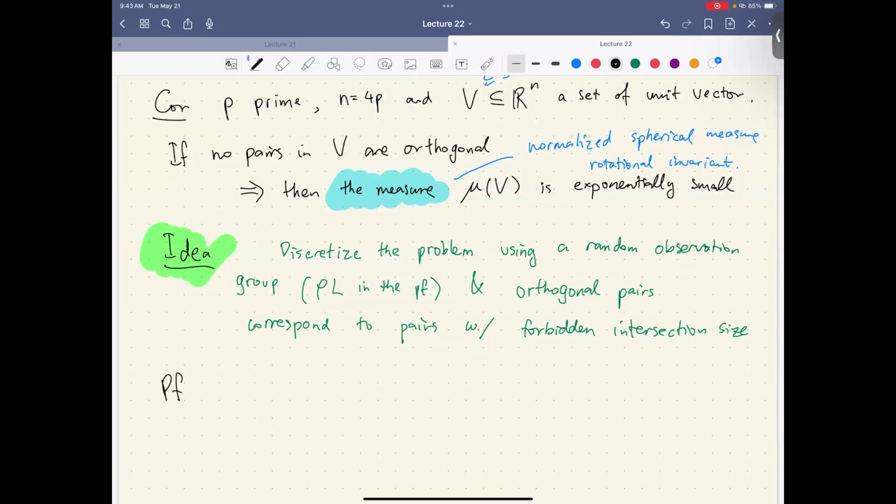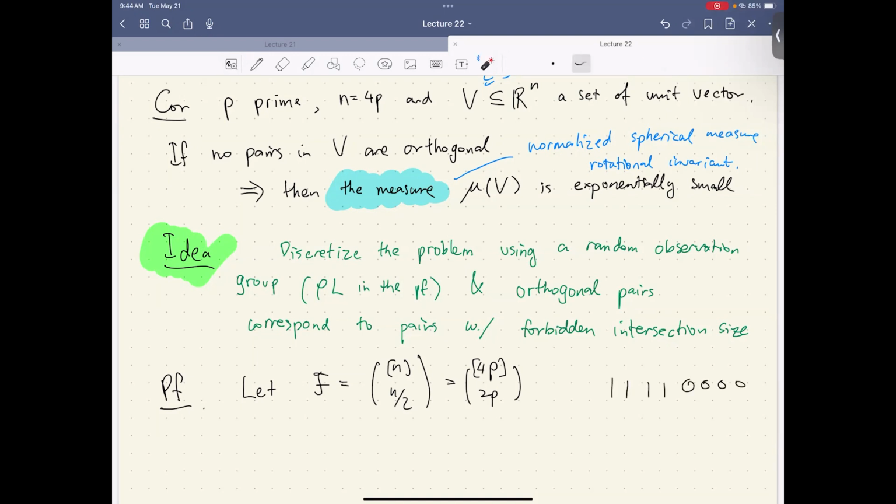Proof: let F be all the half sets of the first n integers. Remember, our n is 4p. So we choose all the half sets, where half of the entries are 1 and half are 0. Think about each set as corresponding to a 0,1 vector.